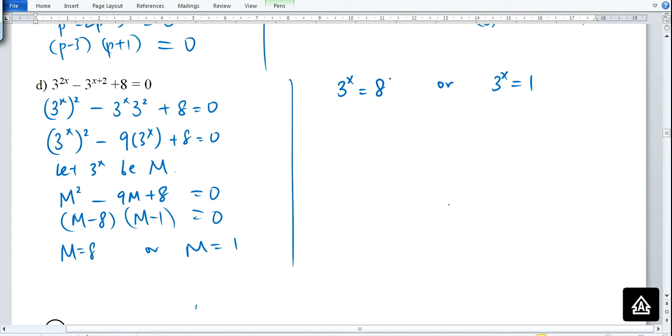Now, so far, what we have learned is that 8 is 2 power 3, right? Can it be 3 power n? Can I make 8 to base 3? In that case, how do we solve?